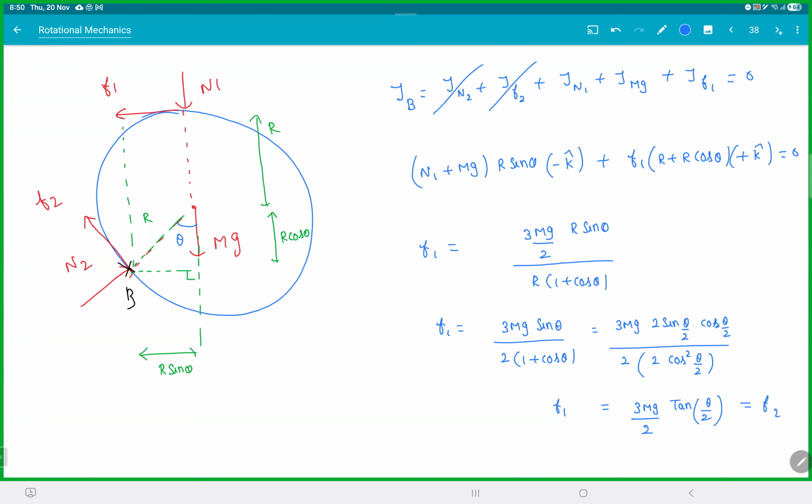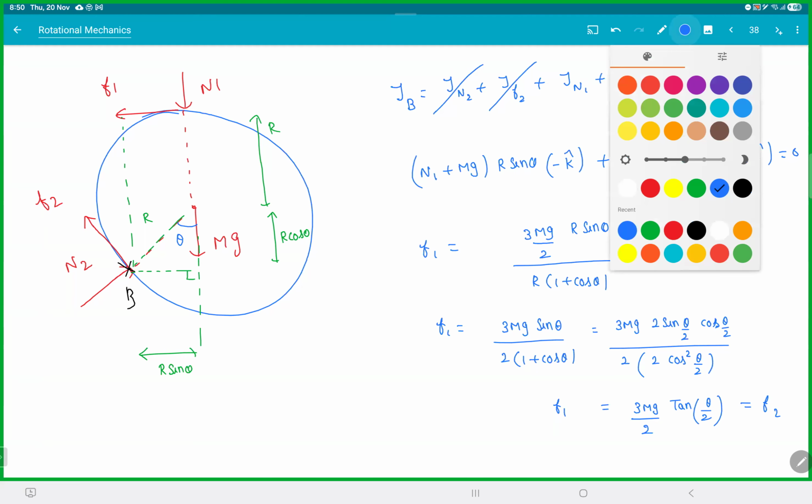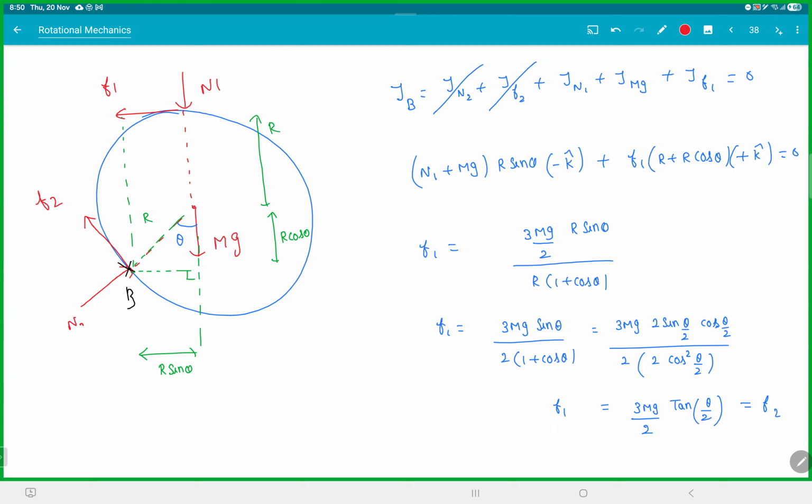I think I can resolve the components in the vertical direction or maybe the horizontal direction. That will be better, and I'll get it from there. This is N2. If that is theta, this is also theta. This is also theta.